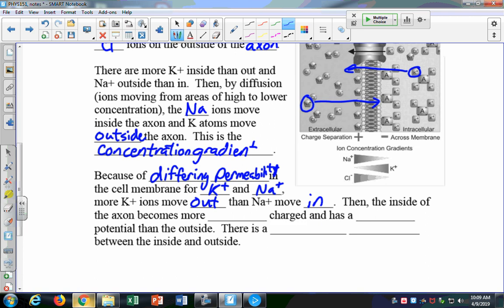It's just easier for the potassium to move out than for the sodium to move in. So you get more potassiums coming out and fewer sodiums coming in. So the inside of the axon will become what? Positively or negatively charged? Negative, right. So the inside of the axon will become more negatively charged, and it's going to have a lower potential than the outside.